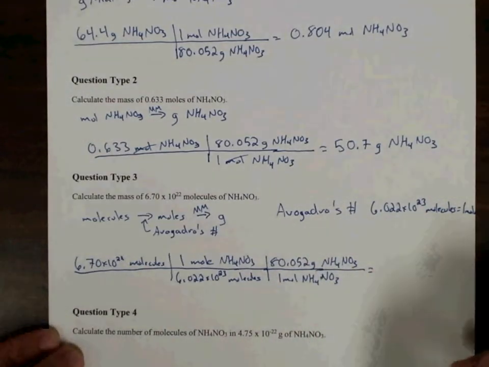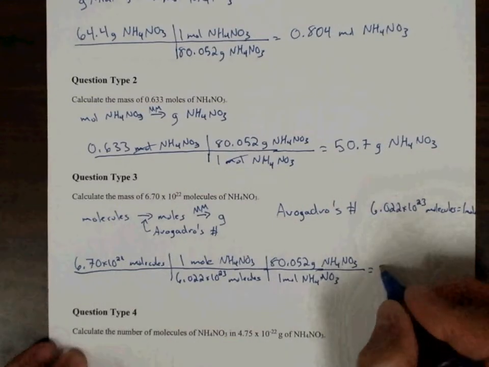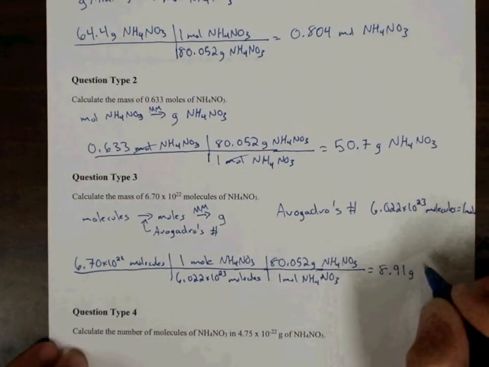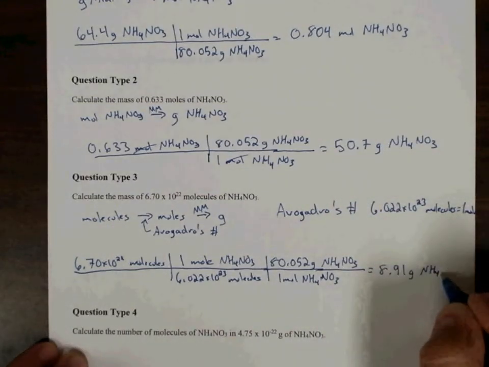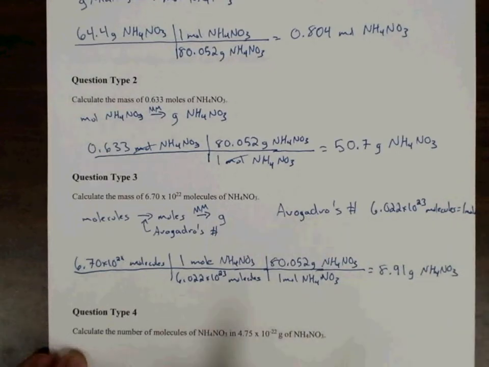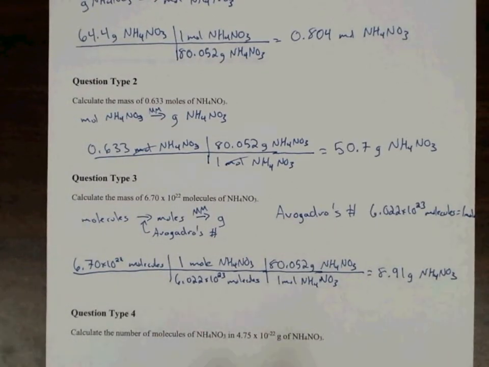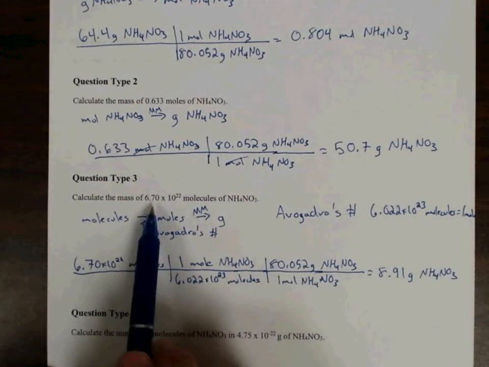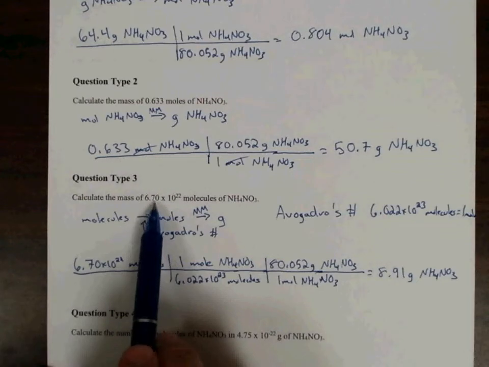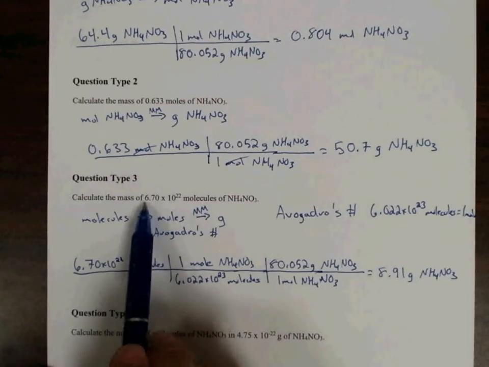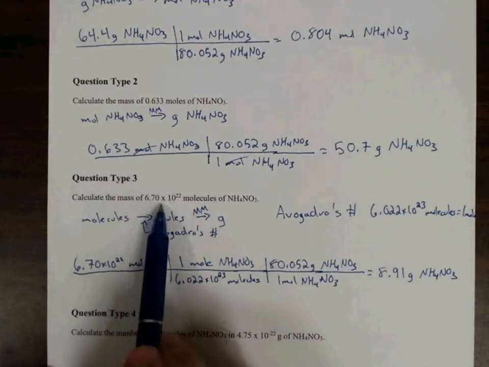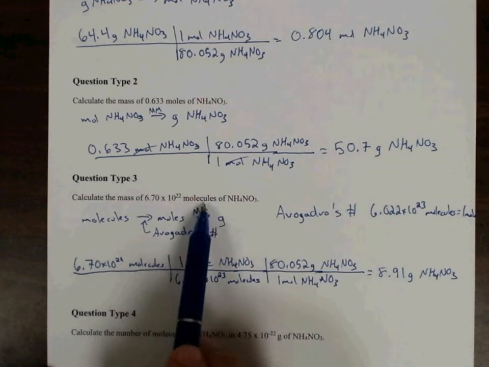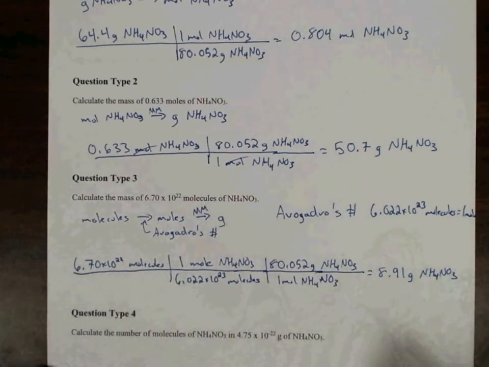You plug this into your calculator, you're going to get 8.91 grams of NH4NO3 when we round to 3 significant figures, which would be 2 decimal places here. Remember, with scientific notation, this 0 here is significant because it's a trailing 0. So we have 3 significant figures here in our number of molecules.